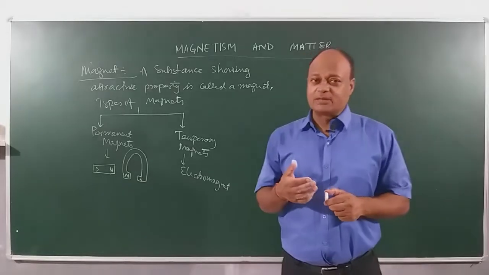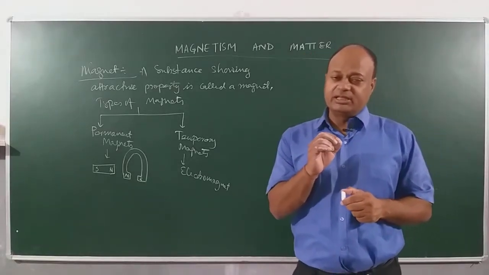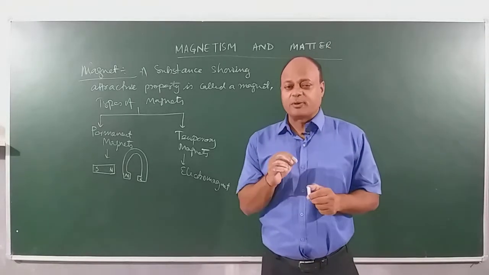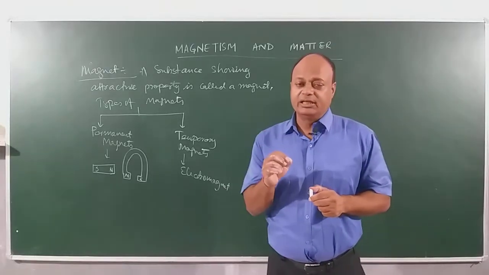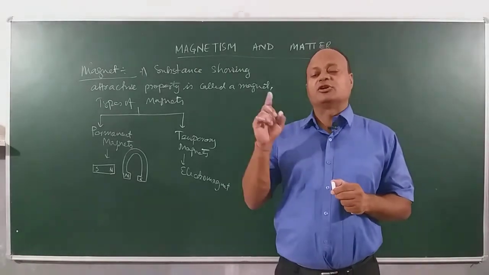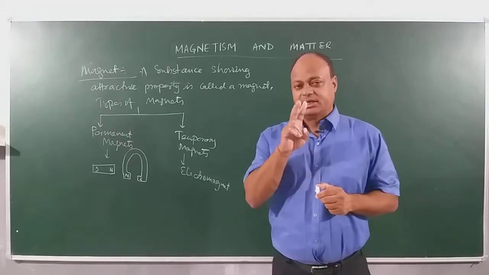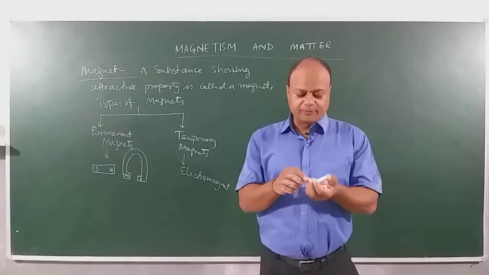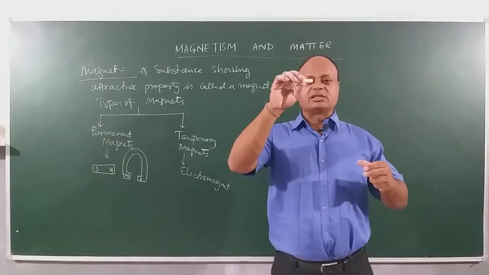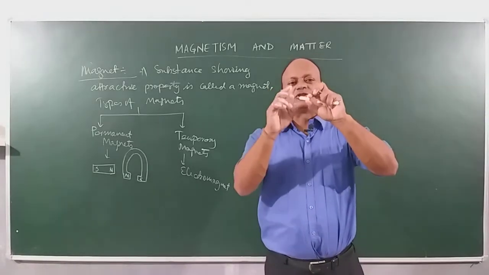Now the magnets have certain properties, like we said. The first property is, listen carefully, that when a magnet is suspended freely, it points along geographic north and south. The second property is that if you take a magnet, suppose I consider this as a magnet, it has its north and south pole.